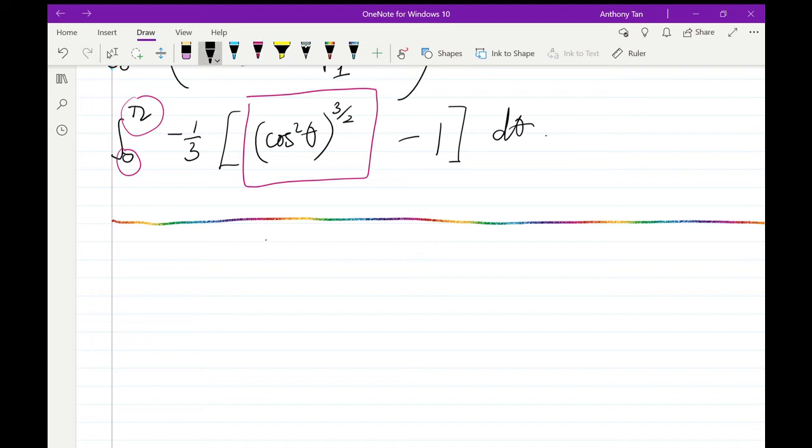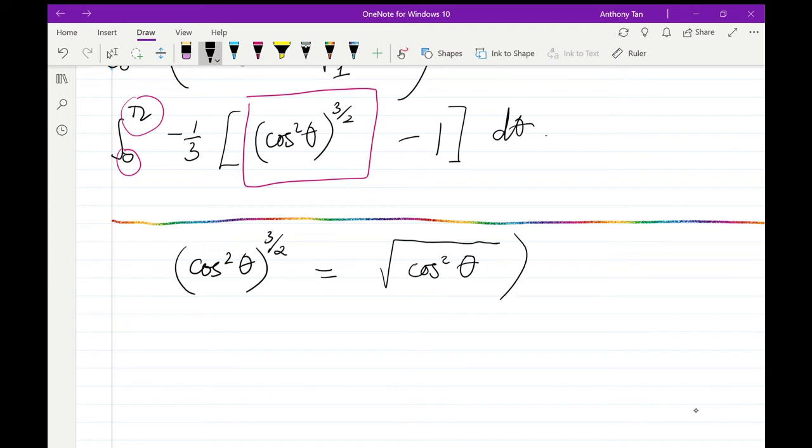Because I have cosine square of theta, then raised to the power 3 over 2, which means that I have the square root of cosine square theta all to the third power. That's what the power 3 over 2 means, right? You take the square root, then you raise it to the third power.